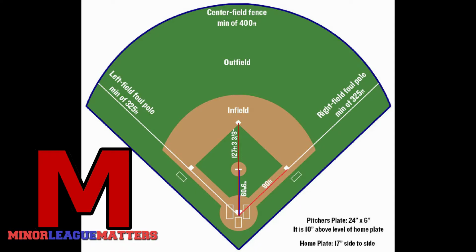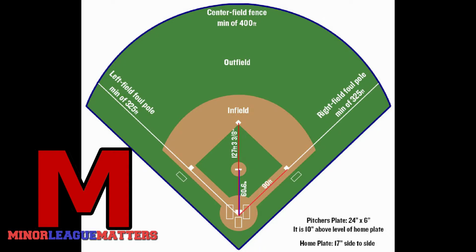But now I think the official term is pitcher's plate because they don't want possible negative connotations from calling it a rubber. It's a little rectangle up there, made out of rubber or plastic or whatever, that the pitcher has to start his pitch from. When he throws the ball, he has to have a foot on that rubber.